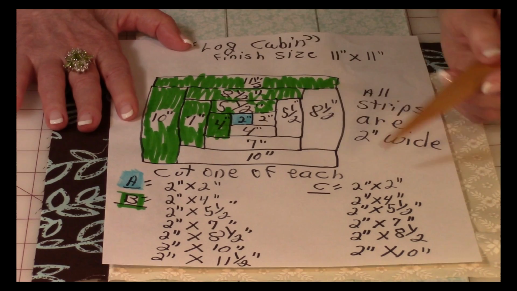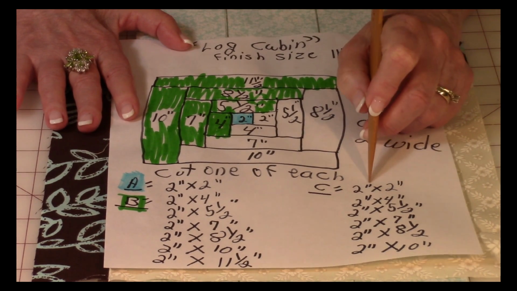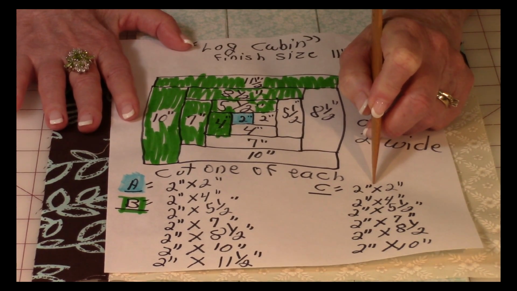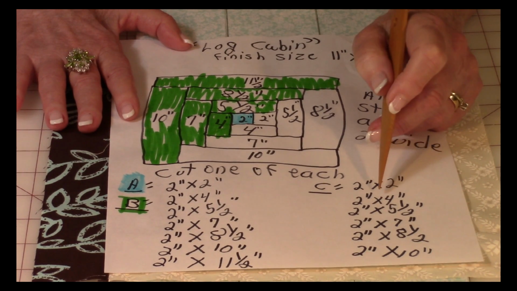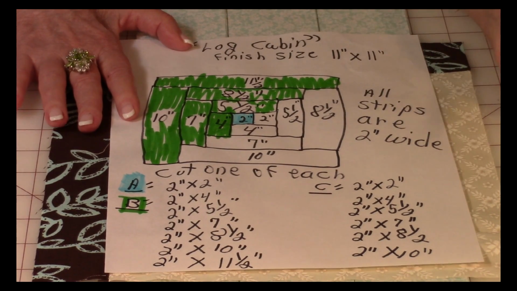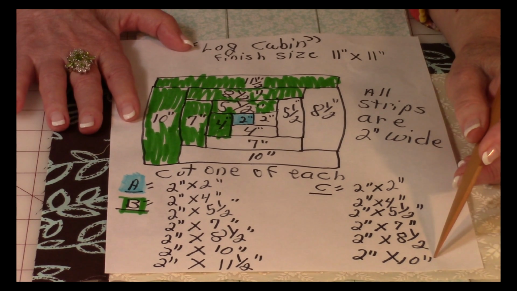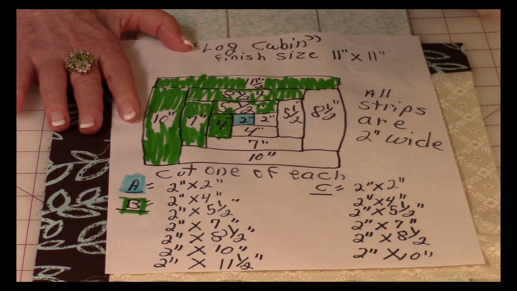Out of your C fabric, which is the light, you're going to need one square that is 2 by 2. Then it goes on and gets progressively bigger: 2 by 4, 2 by 5.5, 2 by 7, 2 by 8.5, and 2 by 10.